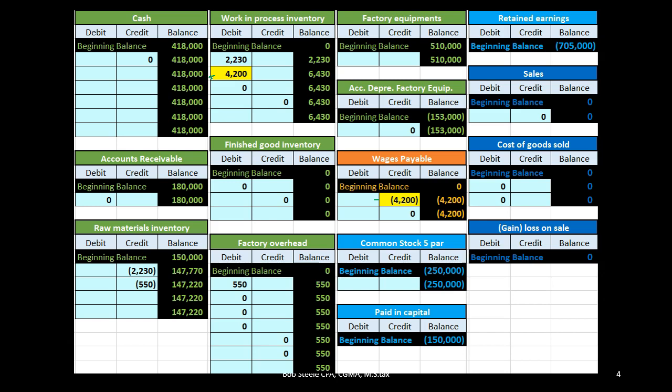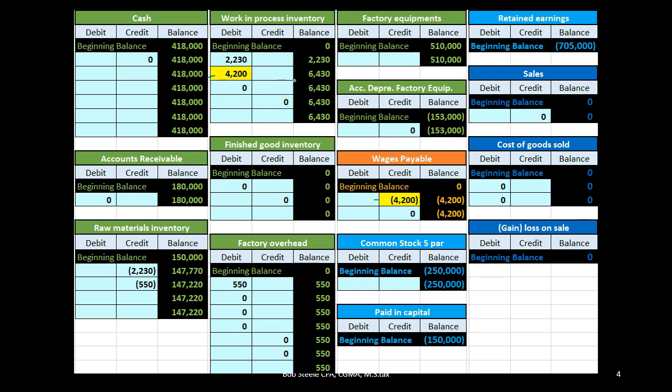In other words, these wages expenses are not being incurred in this time period to generate revenue, but to generate an asset, inventory. So instead of debiting wages expense, we're putting it into this work in process. As we do so, the work in process is going up from 2,230 from the direct materials, up by the 4,200 for the wages to 6,430.